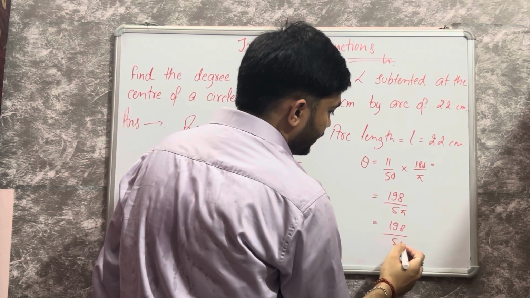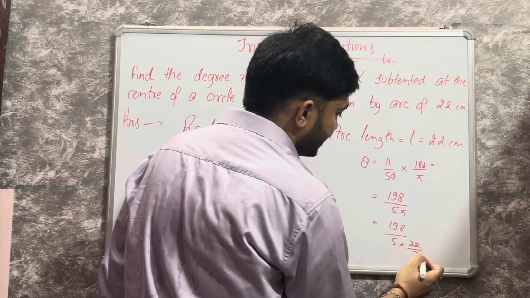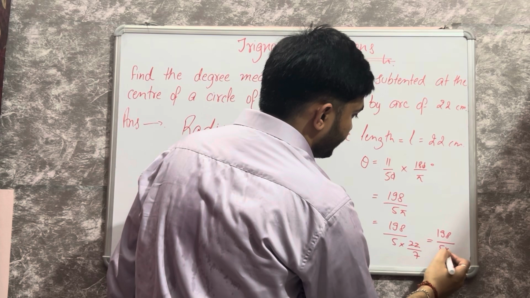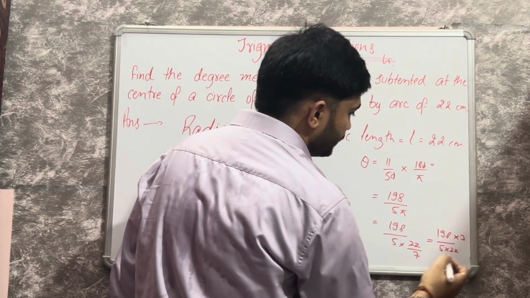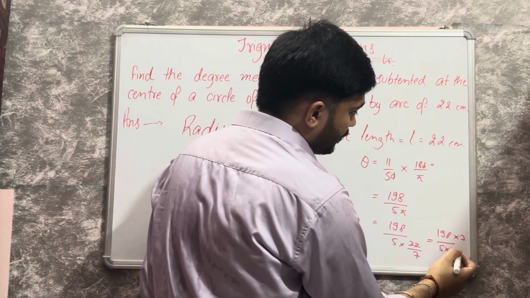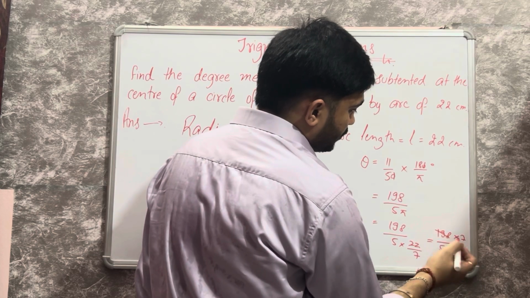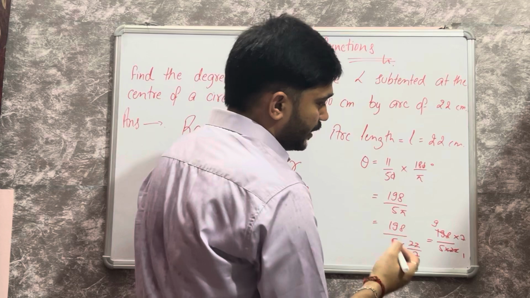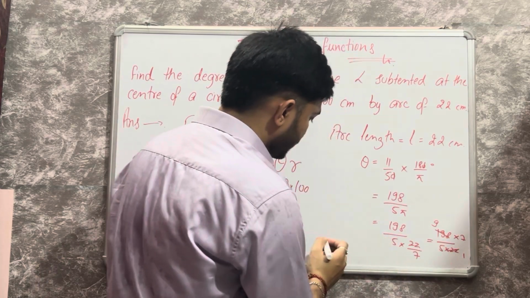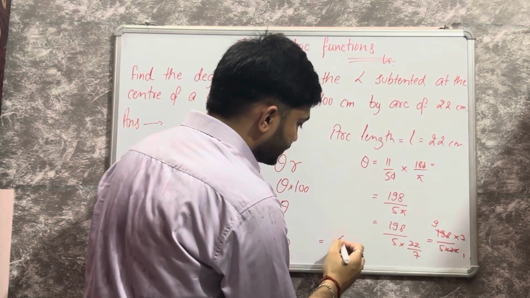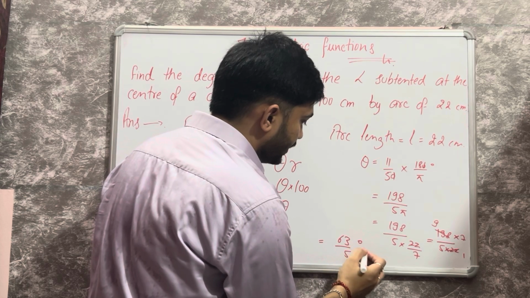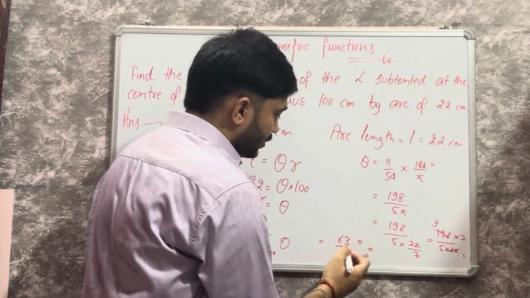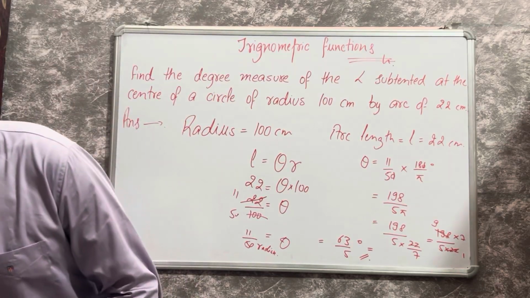198 divided by 5 multiplied by 7 by 22, putting pi as 22 by 7. 22 ones are 22, 9 twos are 18... after solving this we will get 9 7s are 63 divided by 5 degrees.